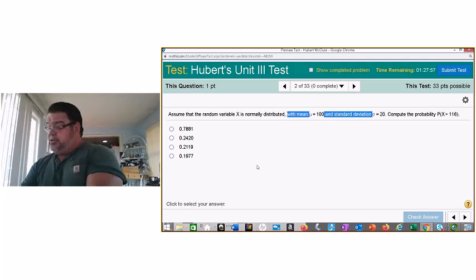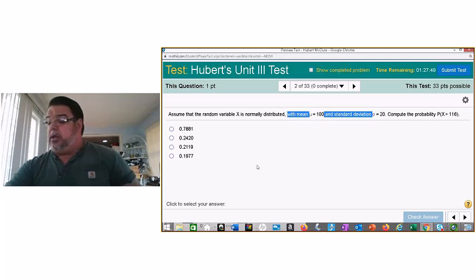And we've got 0, 1, 2, 3, -1, -2, -3. And our mean is 100. Standard deviation is 20. And they want to know, what is the probability of x being greater than 116?